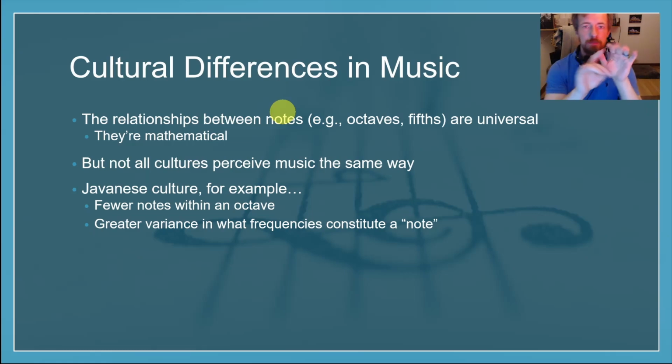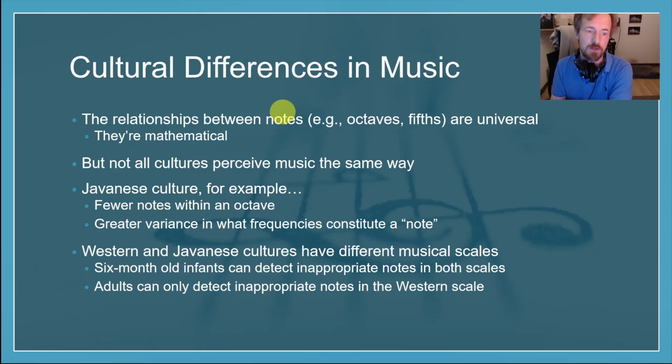So essentially, when we go from A, B, C, D, E, F, G, A, like that, they would have like those intervals are different. Those intervals are a little bit bigger between the notes. So there are fewer notes within that octave, and so that means you have a little bit more leeway in what qualifies as that note compared to Western music.